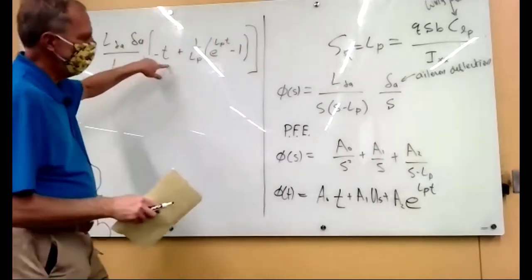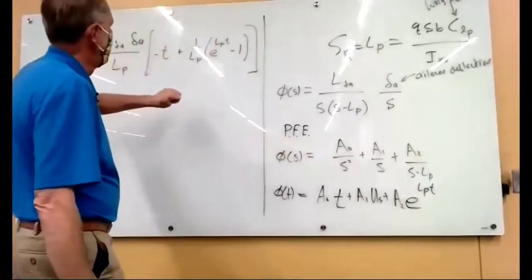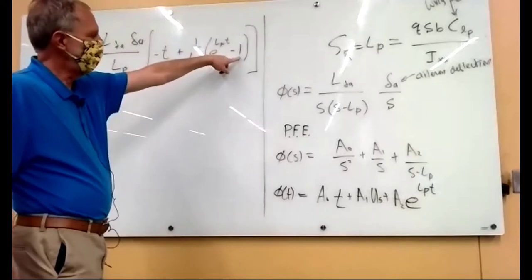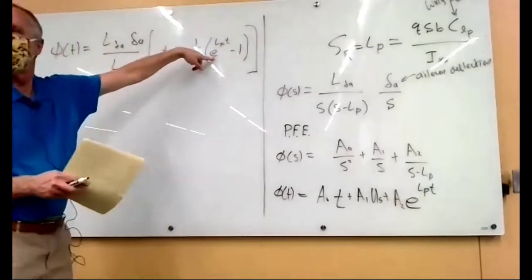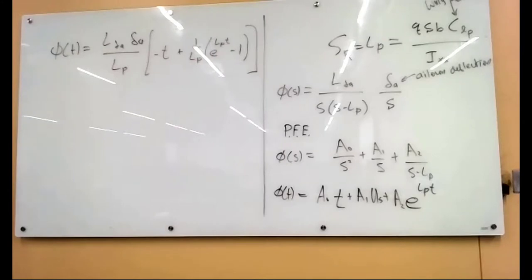So there's the t term that comes from the s squared term. There's the step response here that comes from the s term, and then here's the exponential term from inverse Laplace.